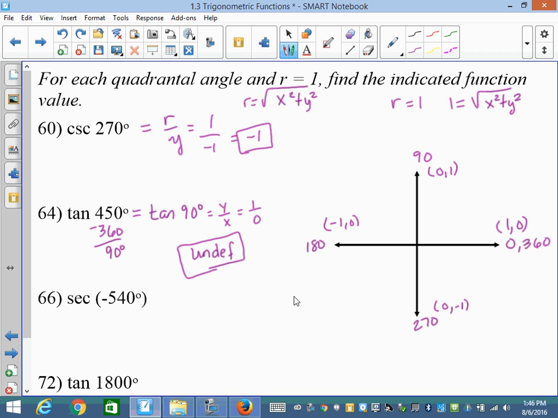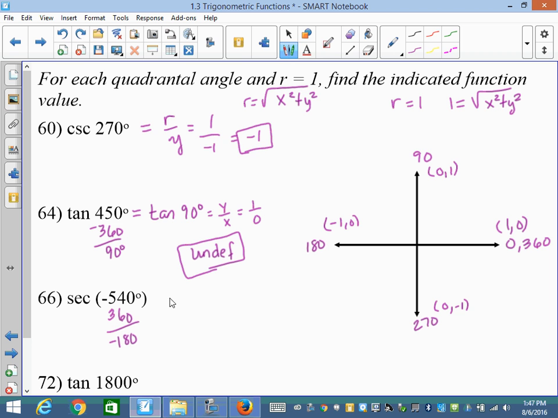Secant of -540. Okay, this time we're going around this way, but it doesn't matter really, we add 360. If I add 360, I should get -180. -540 plus 360 will give me -180. And if I added 360 again, I would get 180.